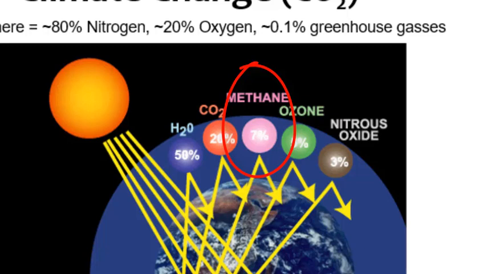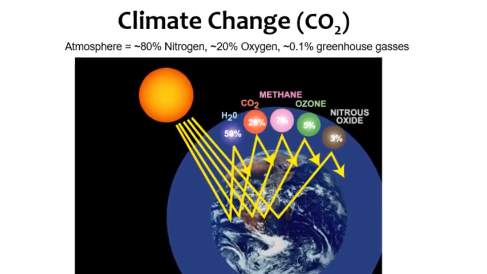It traps heat very effectively. However, it's also very short-lived. Methane naturally breaks down within a decade. Carbon dioxide amounts in the atmosphere stay at a higher level for a longer time. In this class, we're going to focus on carbon dioxide.